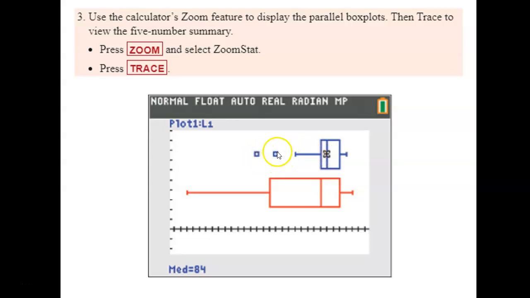You could comment that if you remove the outliers, it has a more symmetric distribution, but it's still kind of skewed left. You'll notice the left tail is much longer than the right, or whisker, I should say. The left whisker is much longer than the right whisker. So that was for Apple. And the Samsung tablets, the shape is very much skewed to the left with a longer left whisker. I'm getting all my animal metaphors confused.